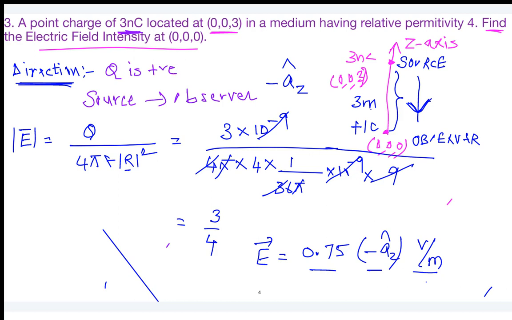But when I say electric field intensity, it is specified exactly at a particular point of interest, whereas electric flux density is a measure of field through a surface. That is the only difference. Both are electric field, but you have to be more specific whether it is intensity or flux density. Clear?